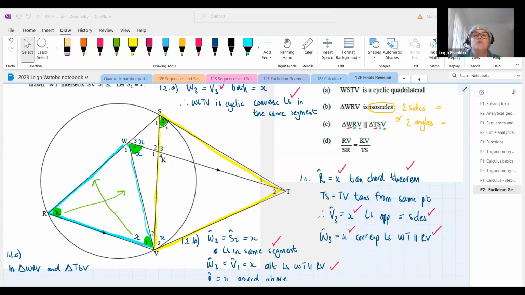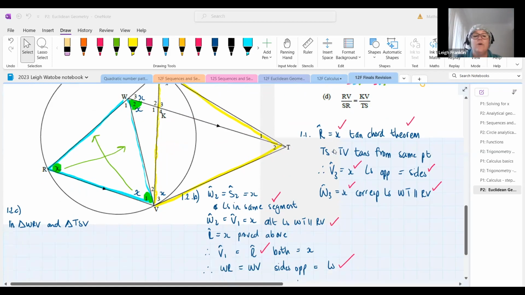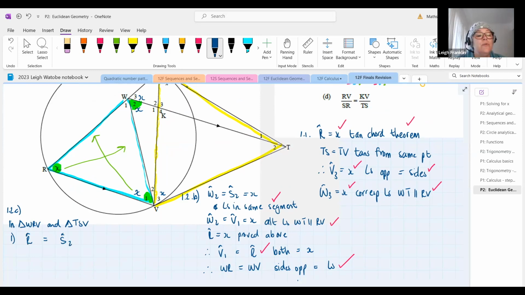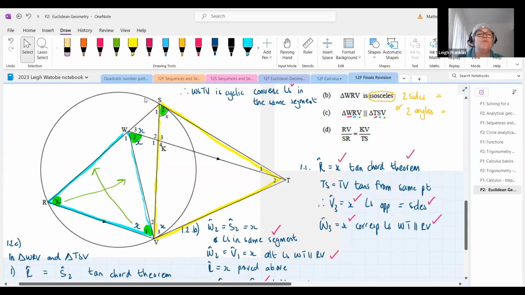Perfect. So we've got point number 1. Angle R is equal to angle S2 because of the tan chord theorem. We've actually already concluded that, haven't we?